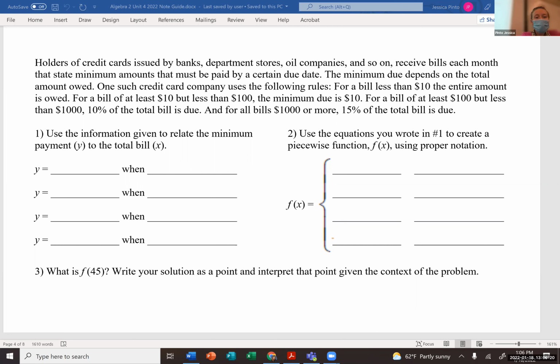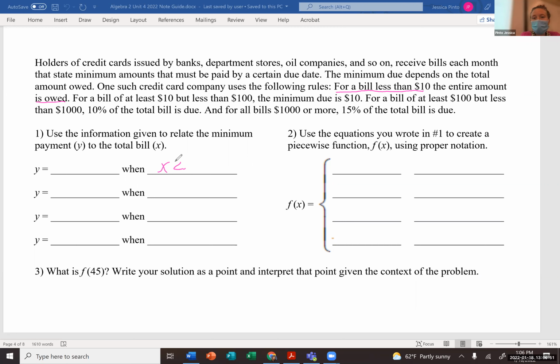For one such credit card company, it uses the following rules. Okay, so the rules are about to begin. For a bill less than $10, the entire amount is owed. Okay, so that's one full sentence. That's going to be one equation. So when x, the amount of money that's owed, is less than how much?